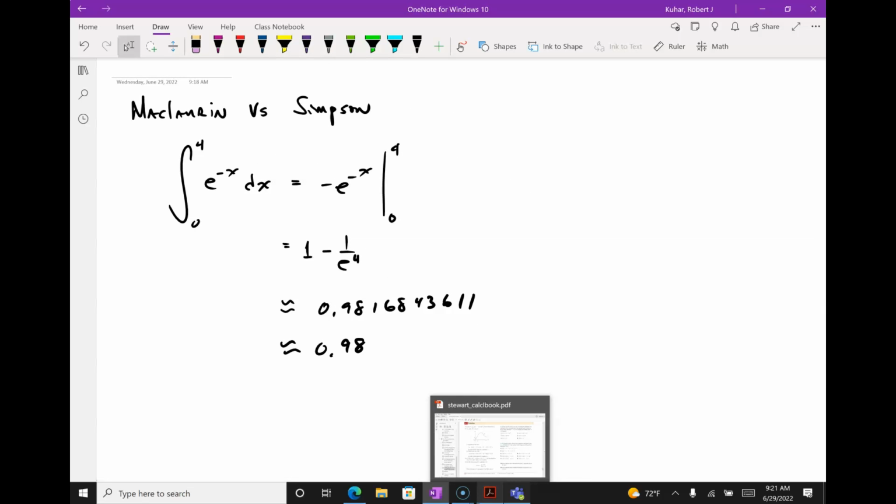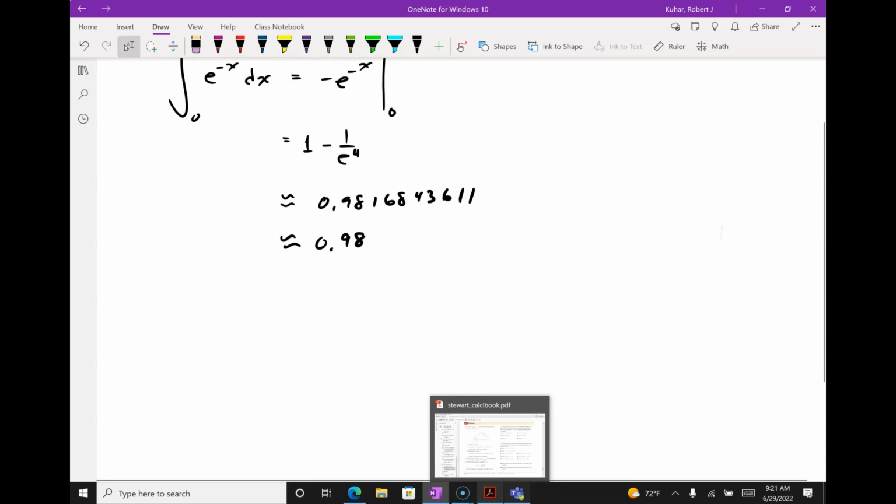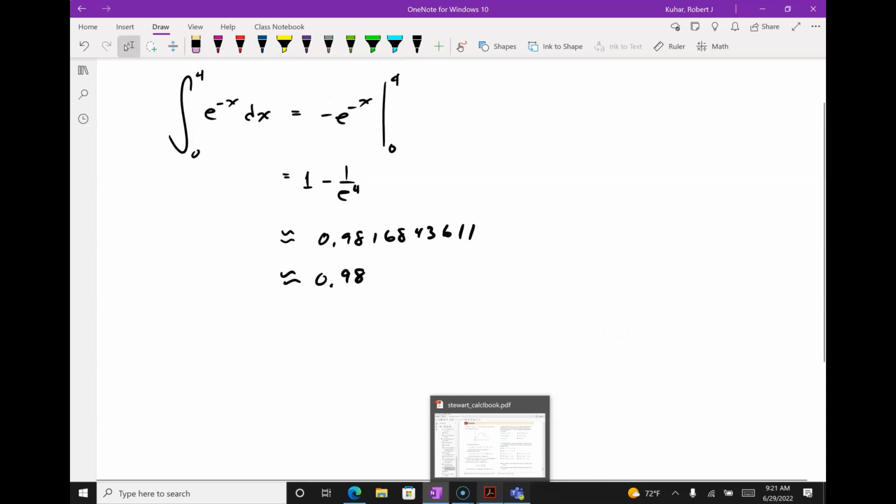Good, let's get our Simpson's rule. Let's get our Simpson with 4 partitions. Delta x is 4 minus 0 over 4, so 1, right? And we need delta x over 3.